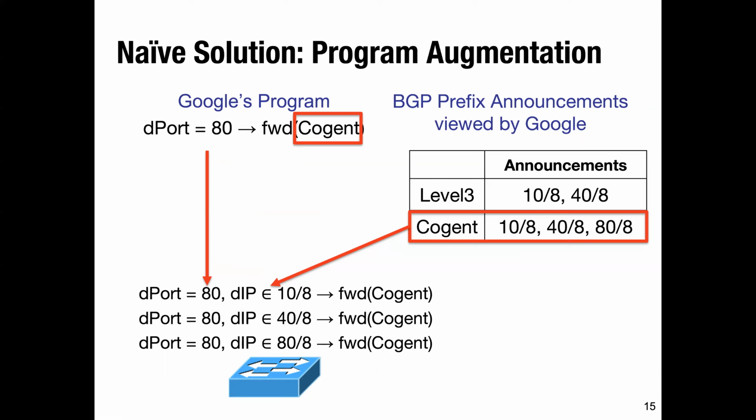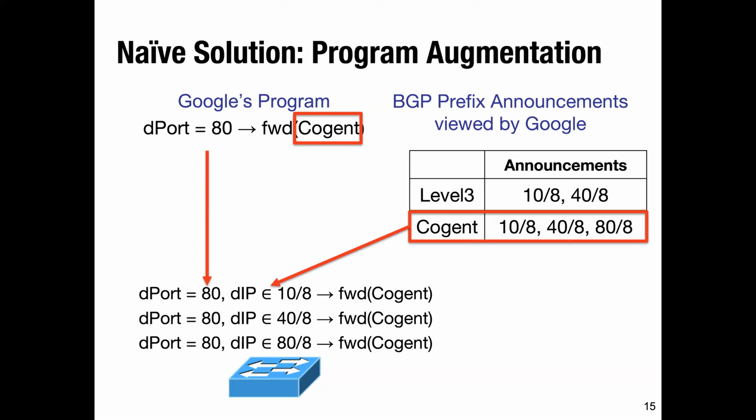So now you might be thinking, hey, why don't you just write this destination IP in 10/8, 40/8, 80/8 as just one rule, right? But such unions cannot be expressed as an OpenFlow rule, right? Because OpenFlow will be matching on destination IP, and it can do this prefix matching, but it cannot do this random bit matching, right?